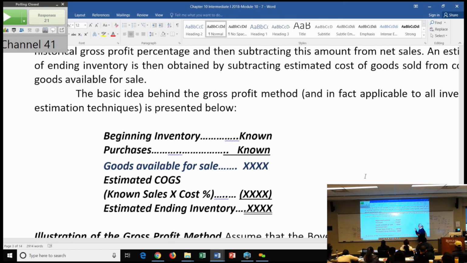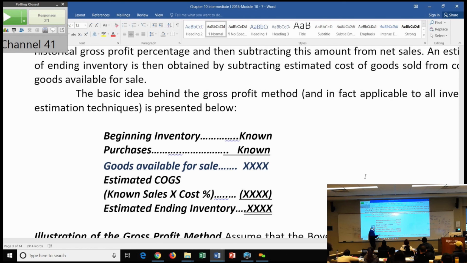Now, historically, you would know the company's gross profit percentage. And therefore, you go back, take an average, and you would say, well, over the last 5 years, I have a gross profit percentage of 20%. My cost percentage is 80%.